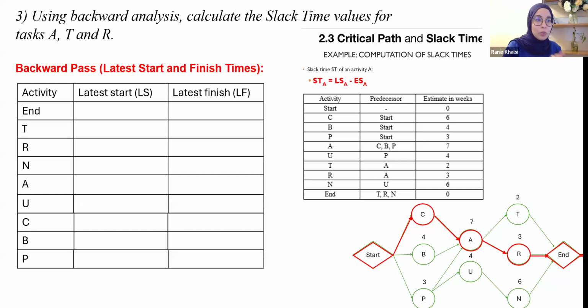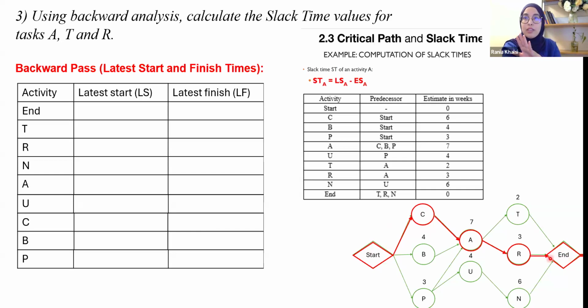For the backward pass, we'll be trying to find the latest start and the latest finish for each activity. But the difference between the forward analysis and the backward analysis, as the name mentions, is the direction. For the forward pass, we go from the start to the end, okay?